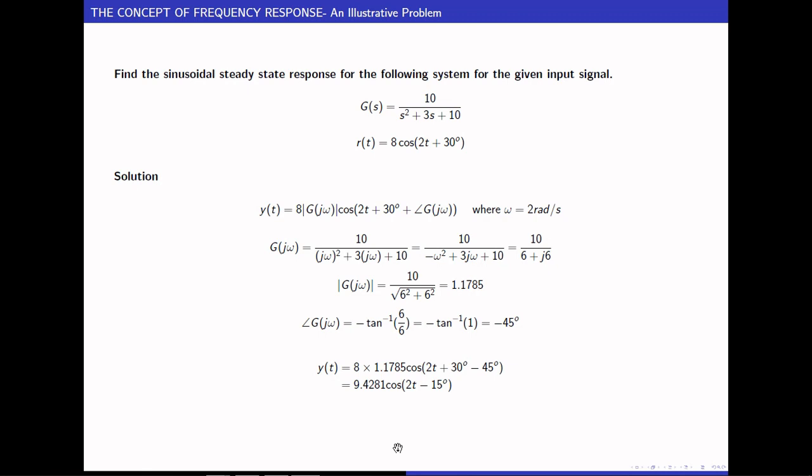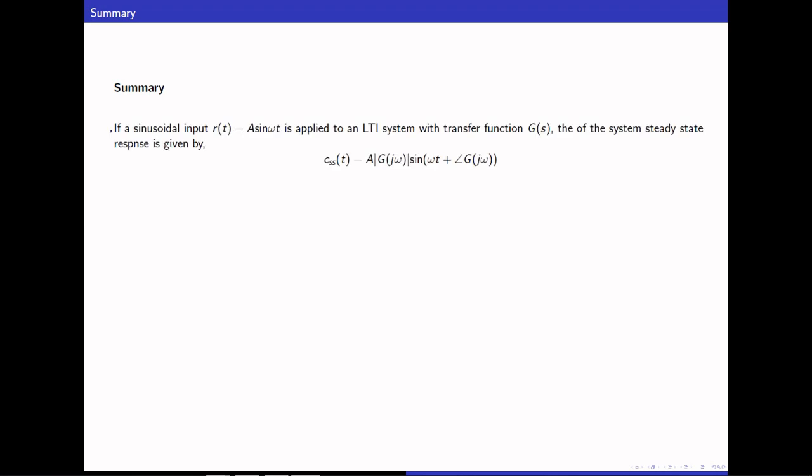So now let us conclude the lecture. We understood that frequency domain analysis is an extension of time domain analysis concerned only with the steady state response. For a sinusoidal input, A sin omega t, the output is going to be this. There is no change in the frequency.